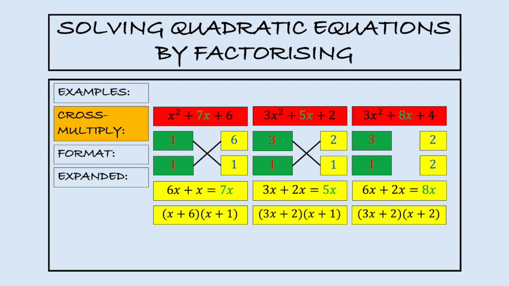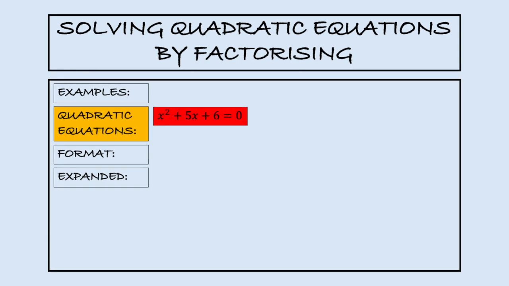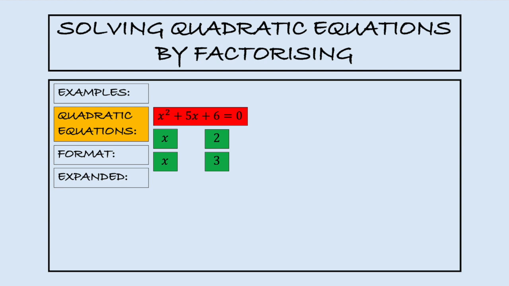Let's take the quadratic equation x squared plus 5x plus 6 equals 0. x squared separates into x and x, and 6 can separate into 2 and 3 to multiply together to equal 6, but also to add together to equal 5.